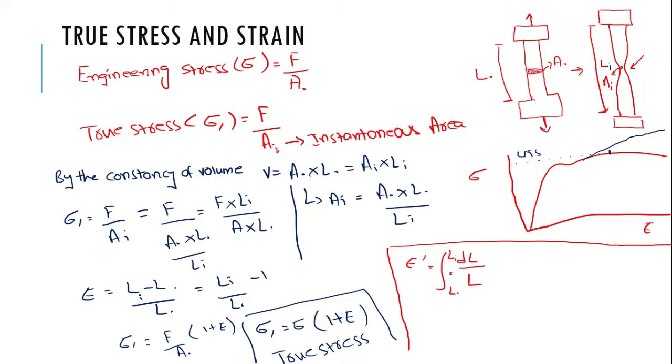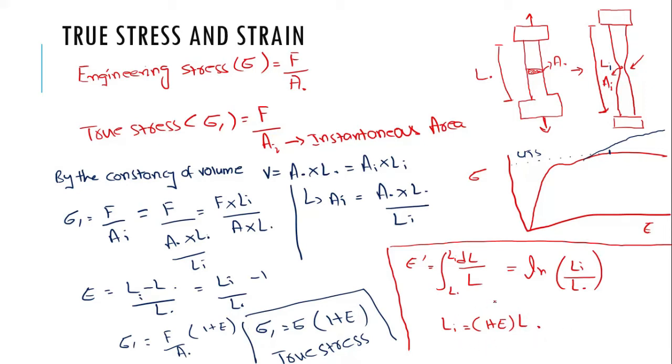Using the integral for this, because you're calculating the total strain, that would be equal to ln of Li by L naught, or we can write Li equals 1 plus engineering strain into L naught, right?